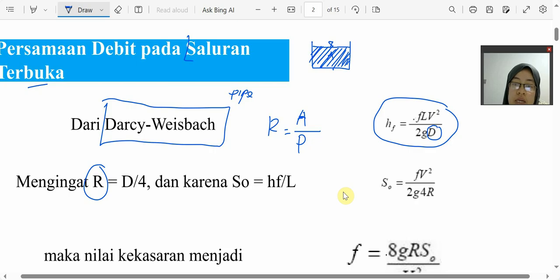And the perimeter is also only the wet part, this height, this height and this one.